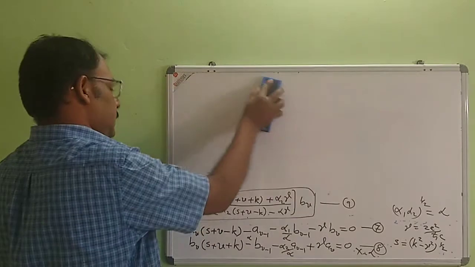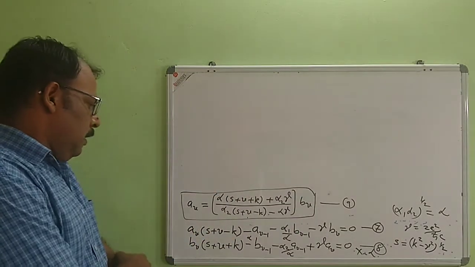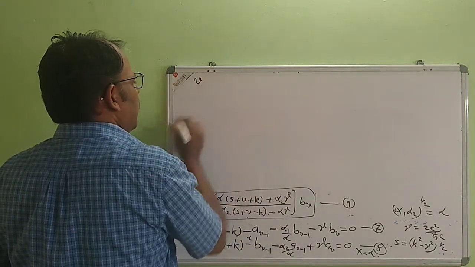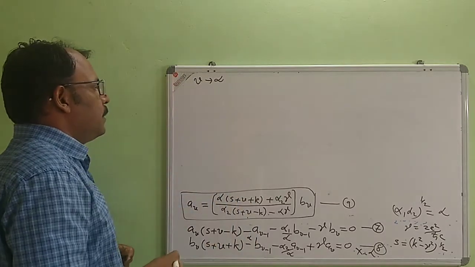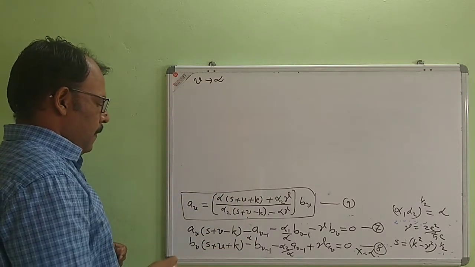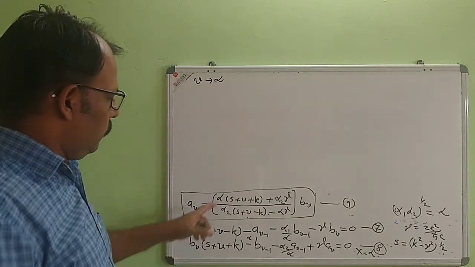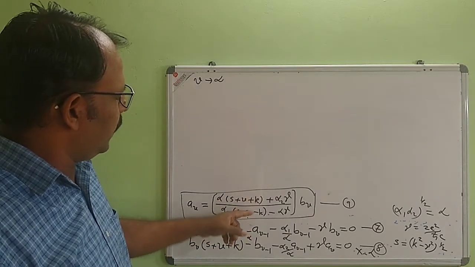So we got the relation between AV and BV as equation 9. Now we take the case when V is very high, when V tends to infinity. So the other constant terms, in comparison to V, we can neglect.